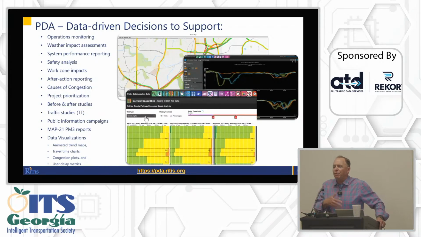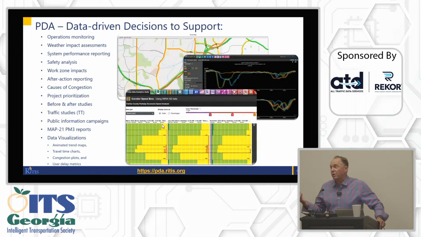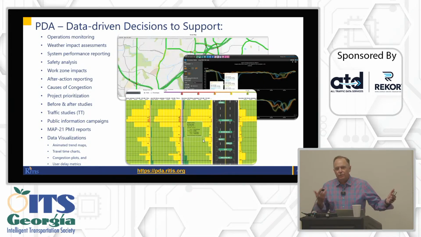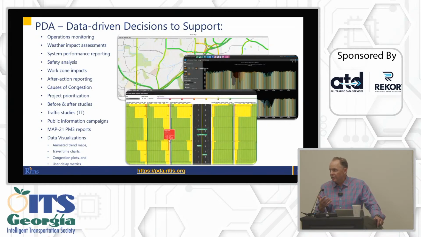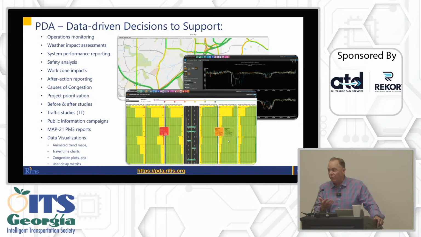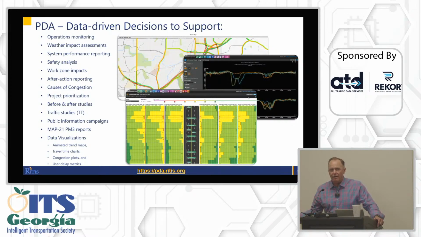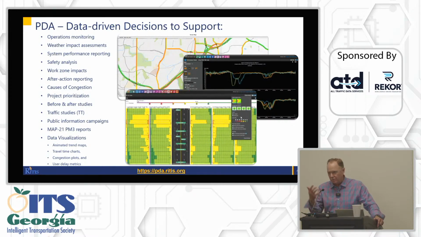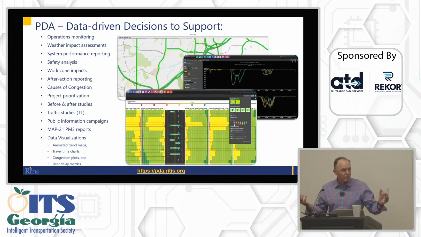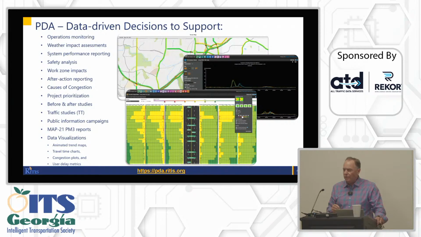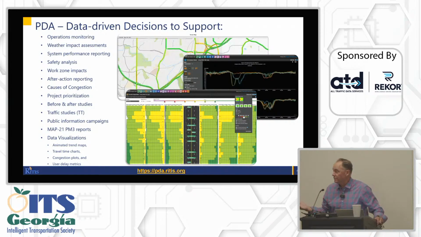Yeah, so if you're doing a planned event before, after action assessment, great set of tools to do, hey, here's what the cost of congestion was before an event. Now, during the event or after, you could quantify it the same way, compare and contrast percent difference, right? So it could be a natural disaster.